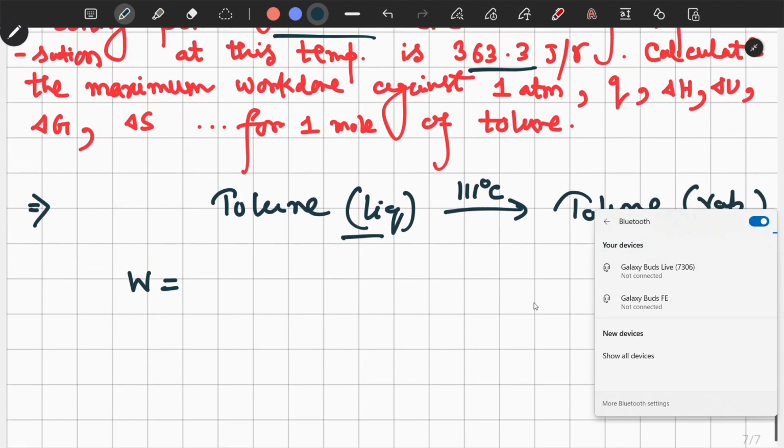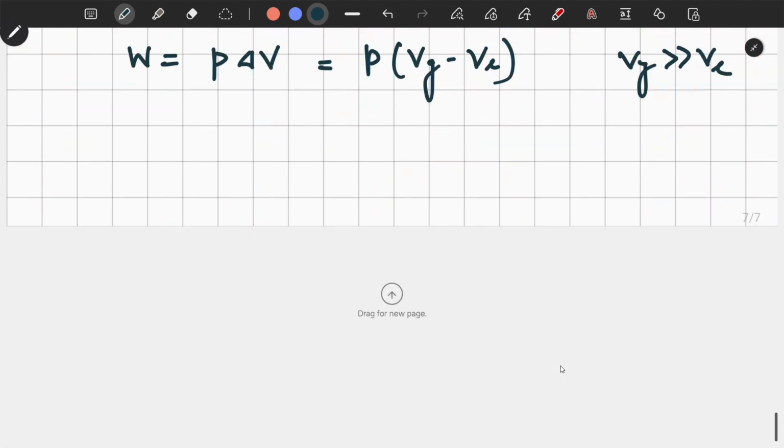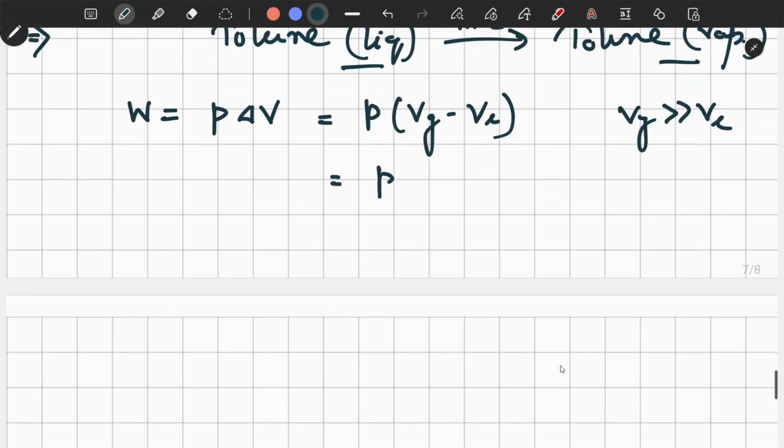So yes, PdV is correct, but you have to simplify it. It will be P times (V gas minus V liquid). The liquid volume can be neglected, so it is P V gas, and PV equals RT because they have said it is an ideal gas.